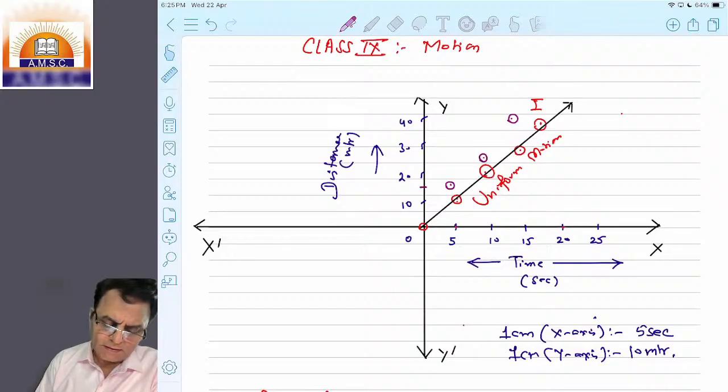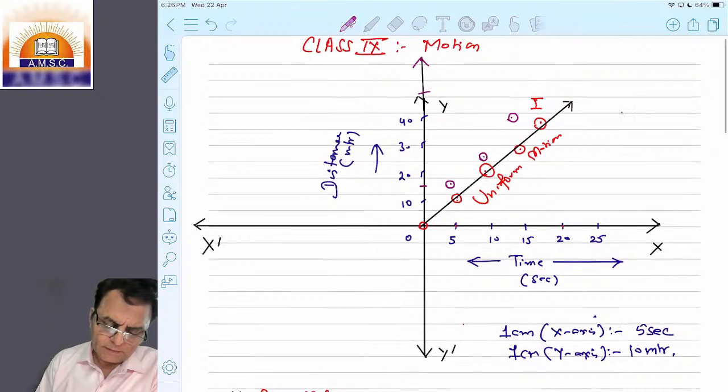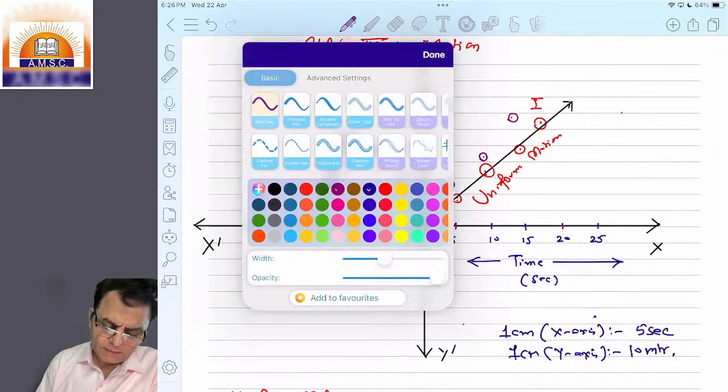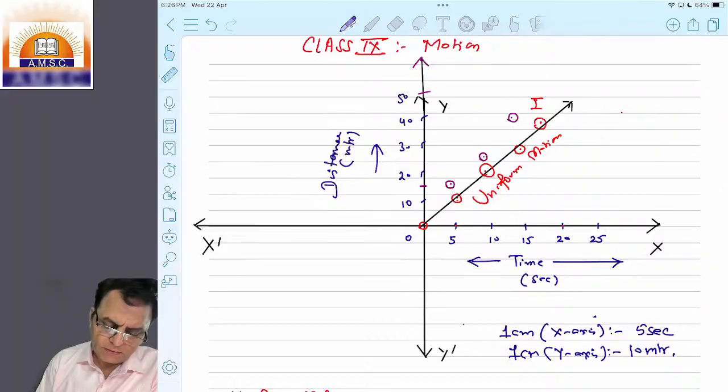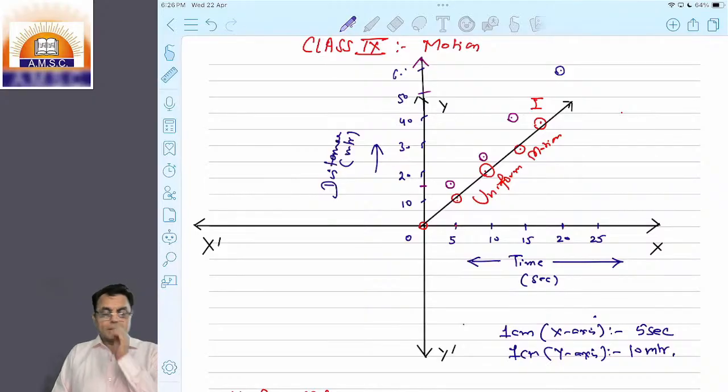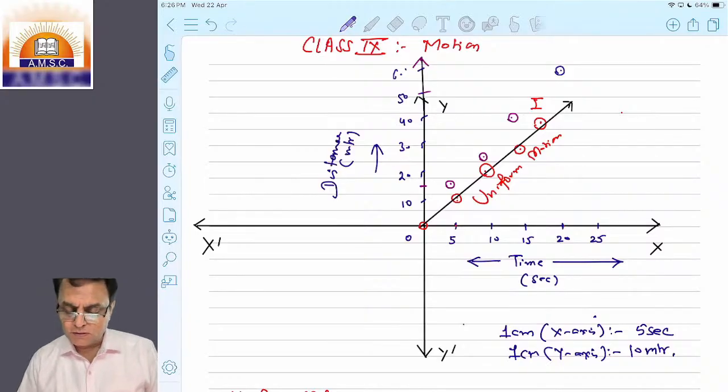And if I extend this to 50, this happens to be the value 50, or let us consider it to be 60. In the next 5 seconds, let the object have covered a total distance of 60, not 100, sorry.